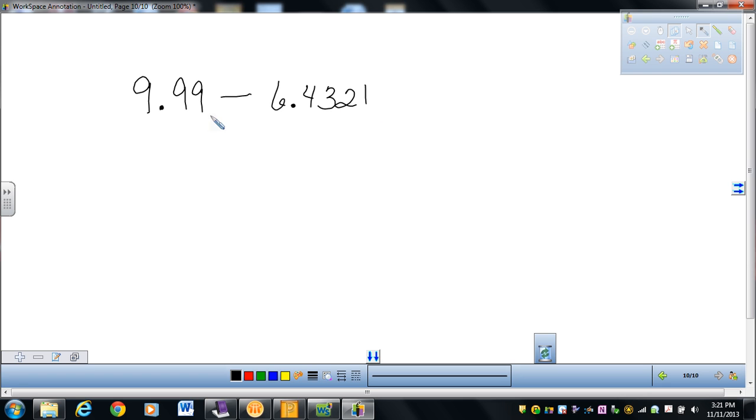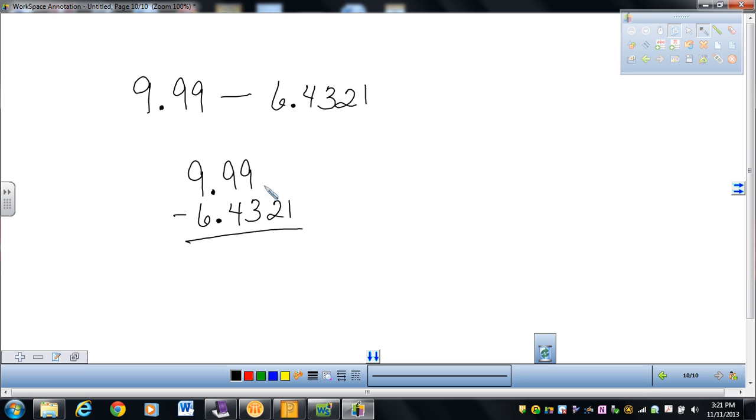Again, same as adding, I just had to make sure my decimals are lined up. So let me go ahead and write my first one. I have 9.99, and I'm going to subtract. Got to line up my decimal, so here's my decimal. And I have a 6 on the left, so I'll put my 6 in, and then I have 4, 3, 2, 1 on the right. So 4, 3, 2, 1.